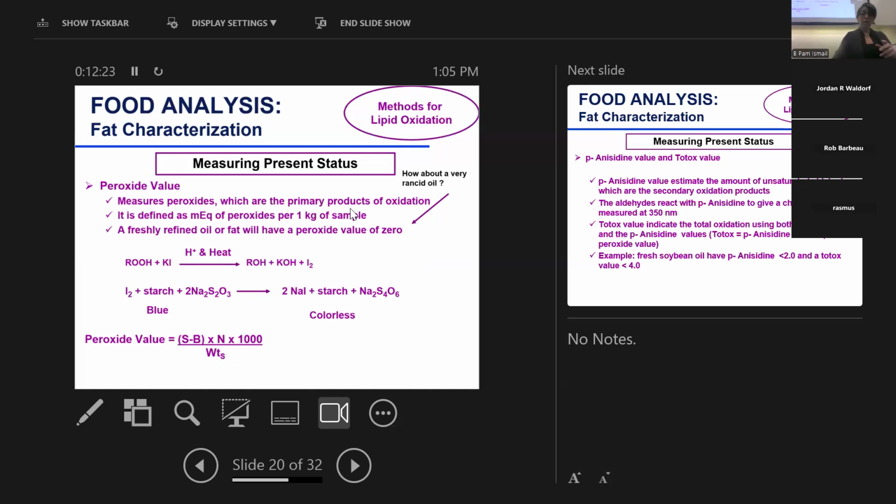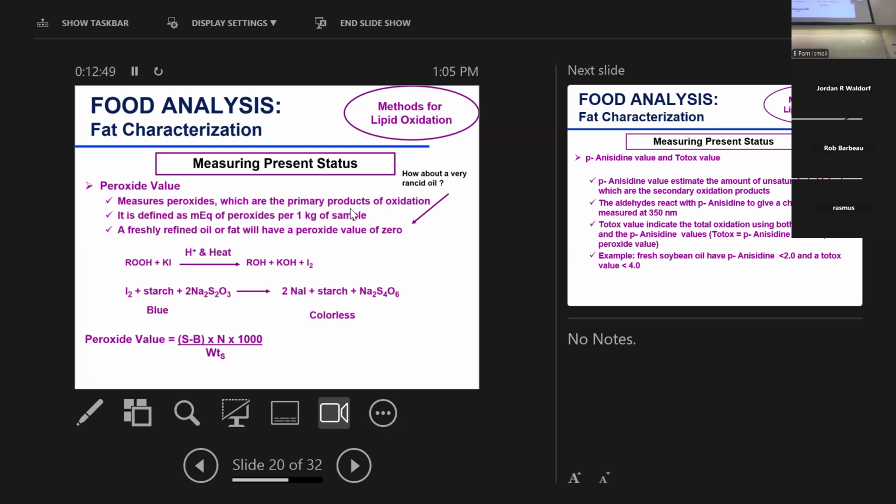So this assay that you're going to do in the lab measures the current state. You take the oil from the bottle and you measure the primary oxidation product as is. Depending on when you buy the oil, you might have oxidation or not yet. Very fresh oil should have a very low value.